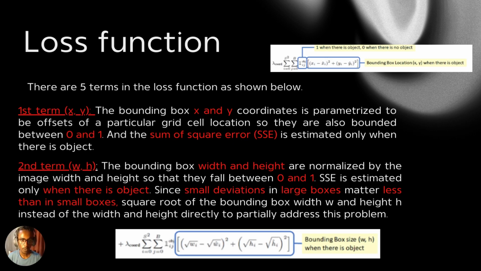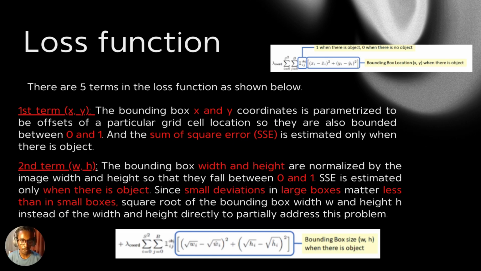They're also bounded between 0 and 1. And you see that there is a function which shows 1 obj ij, and this is basically an identity function which is going to be 1 when there is an object inside the box, and 0 when there is no object. If there's no object, it's not worth calculating the loss in the first place, so we just give a value of 0 and cancel this term.